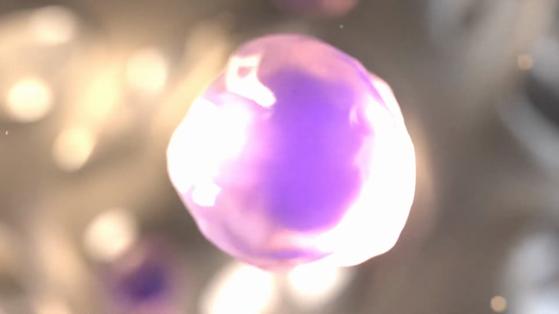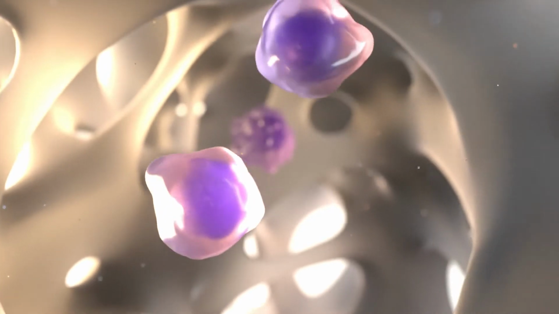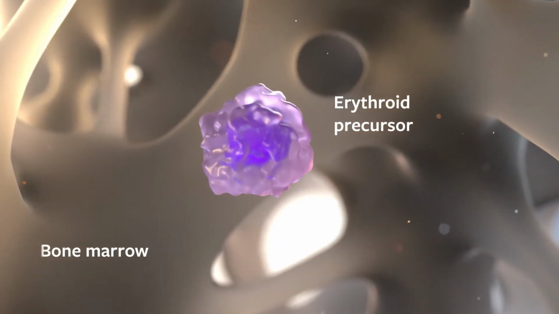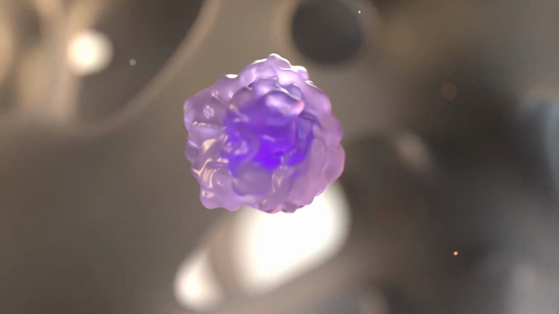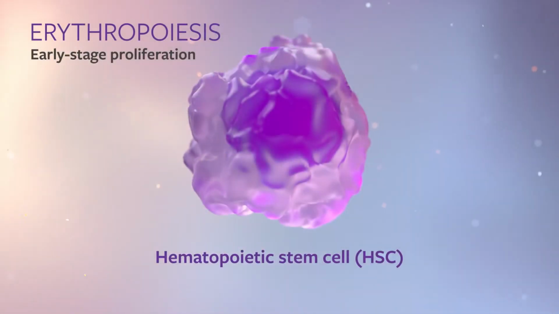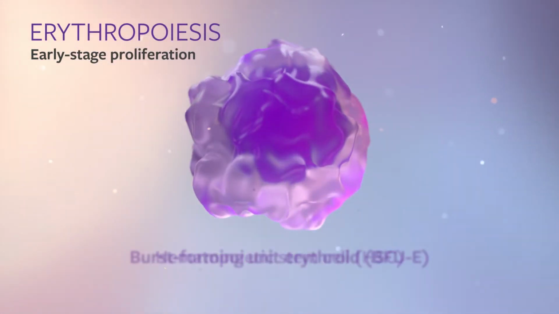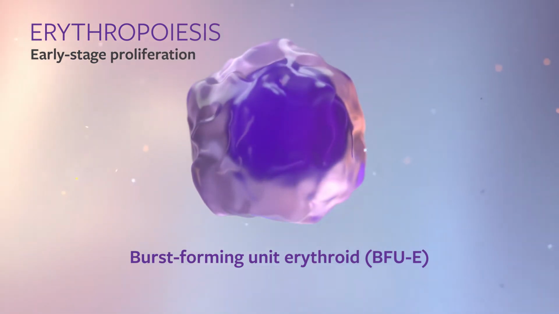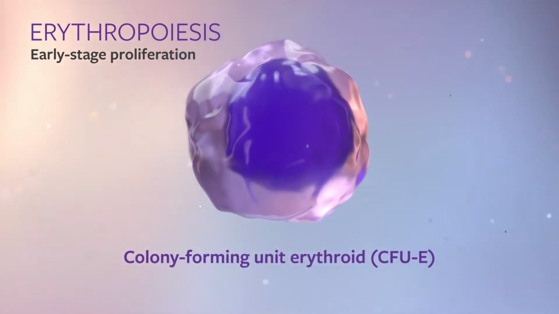Erythropoiesis is a dynamic differentiation pathway that starts with the proliferation of erythroid precursors in the bone marrow and ends with the maturation of enucleated red blood cells. Here, we see one cell going through the process of erythropoiesis, starting from early-stage proliferation through late-stage maturation.